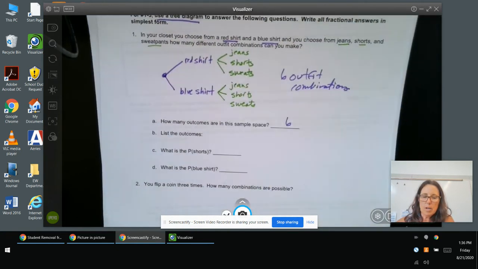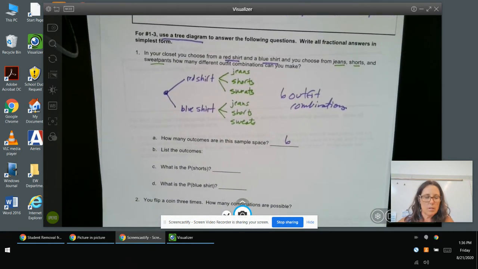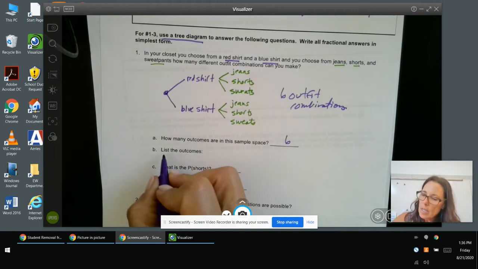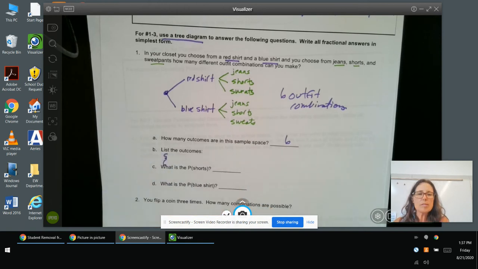List the outcomes. Okay, listing the outcomes. We just spoke them a couple of times. When we list outcomes, we use these little curly braces, not parentheses, not brackets. They call them braces.